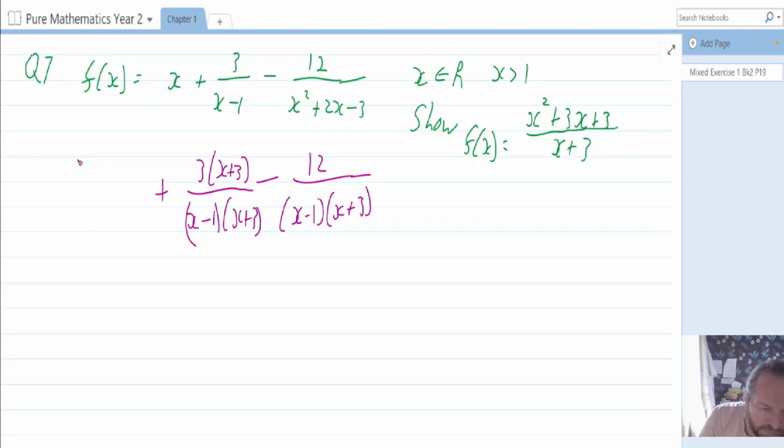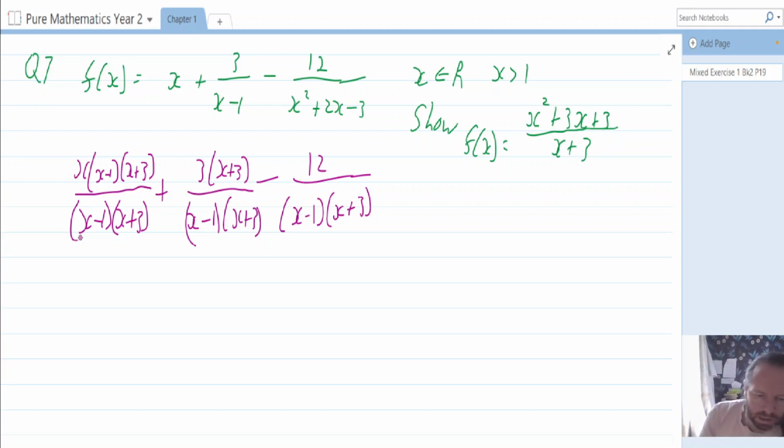So we have x times x minus 1, x plus 3, all over the x minus 1, x plus 3. Right, start multiplying it out and see what we get.